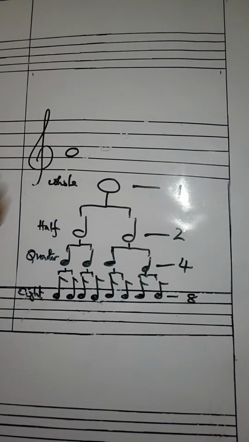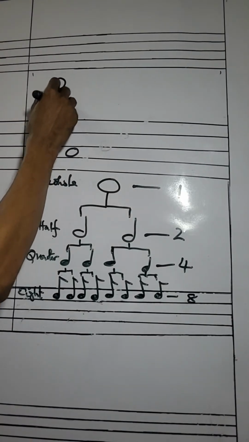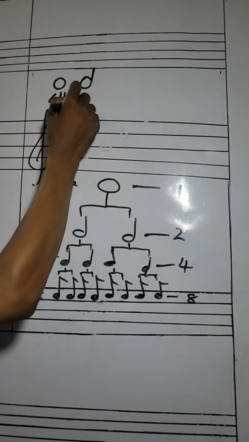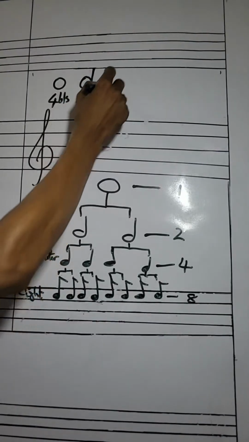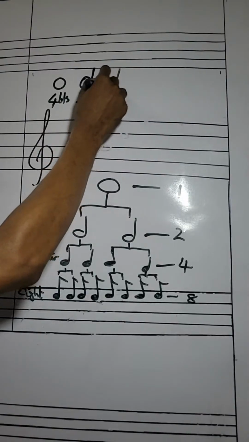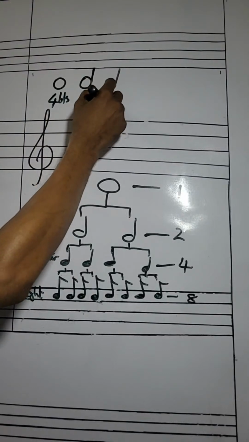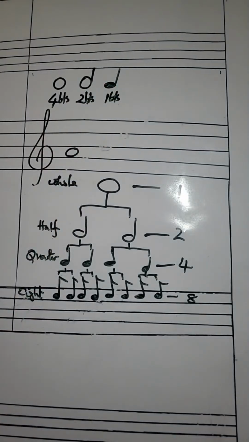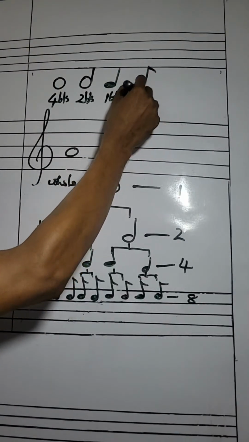Don't forget, I said this is your whole note and it takes 4 beats. And this is your half note and it takes 2 beats. This is your quarter note and it takes 1 beat. That is 1 count. You are going to count it 1. And this is your 8th note and it takes half.